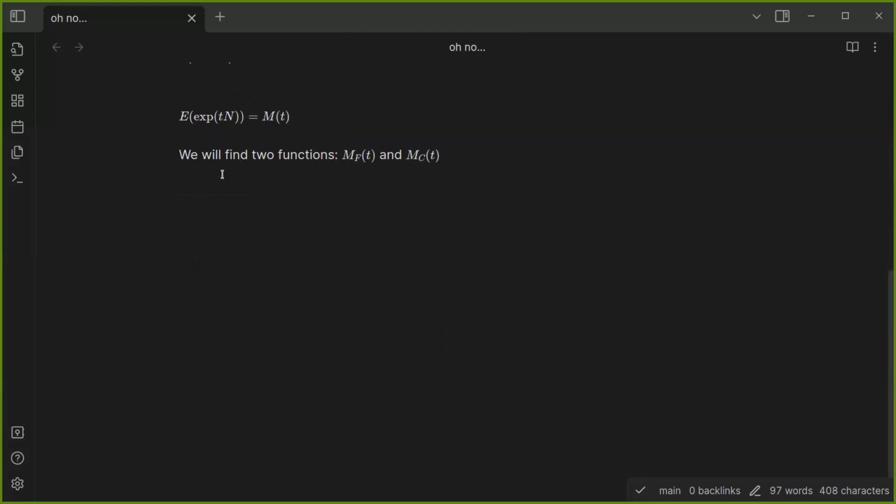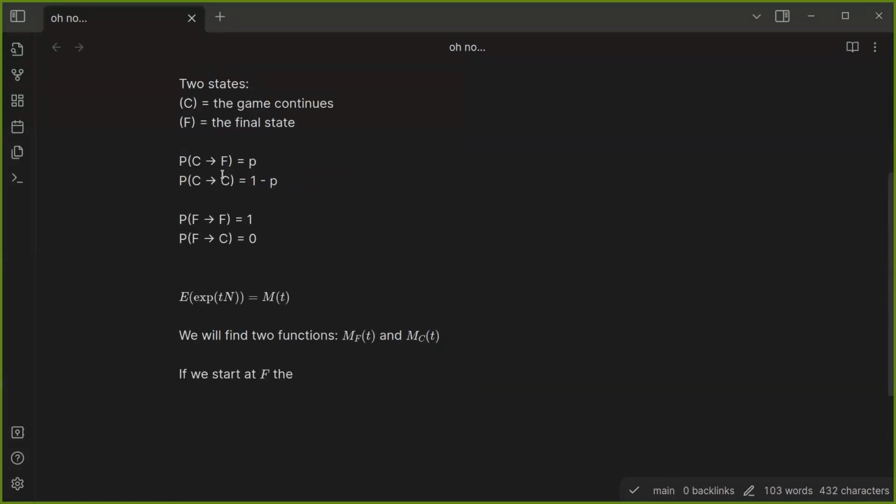What is the function m of t? Let's start with the easiest one. If we start at f, at the final node, how many steps do we need to reach f?